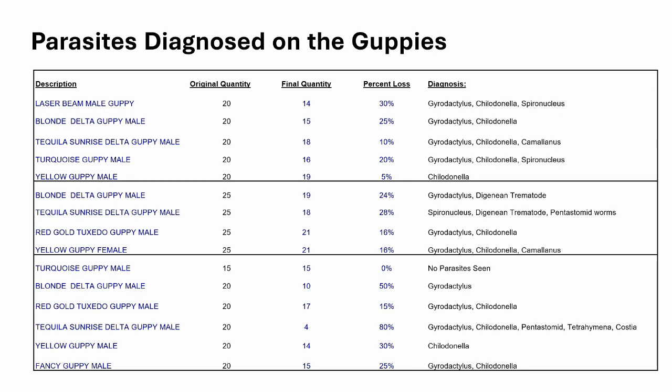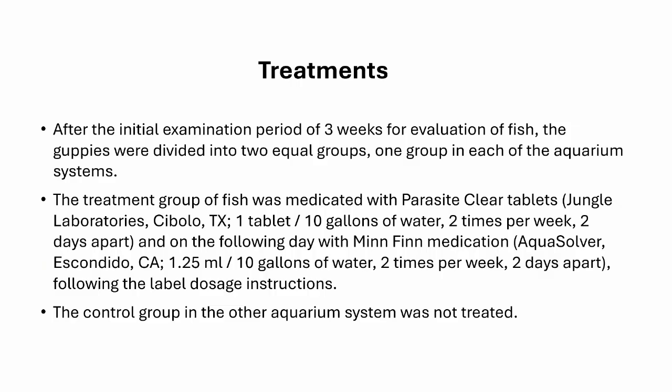So what we need to do is figure out how to get rid of the parasites. So I treated the fish with different treatments because different parasites require different treatments. So I used the Parasite Clear tablets from Jungle, which help with the protozoa infections, and then also I used Minfin, which helps with the fluke infestations, and the control system was not treated.